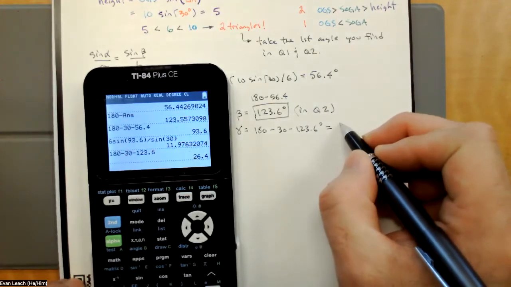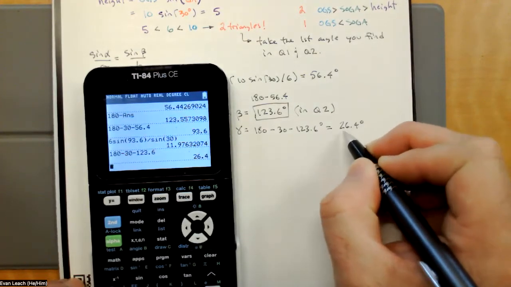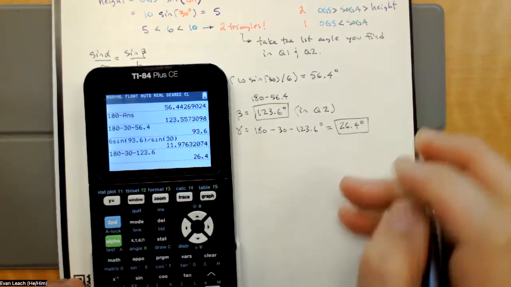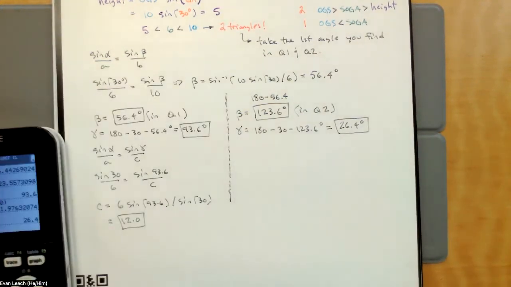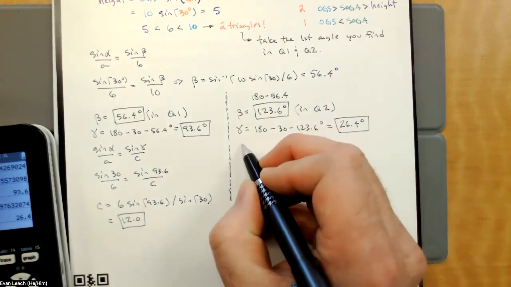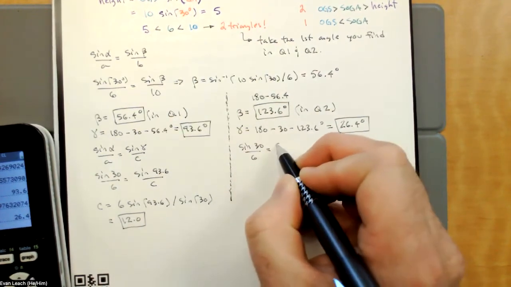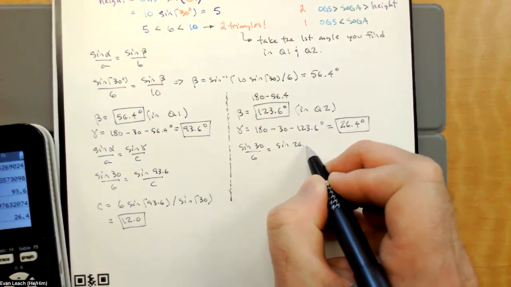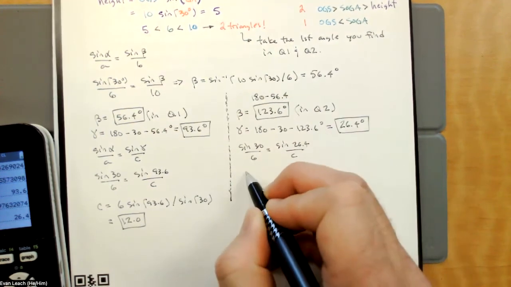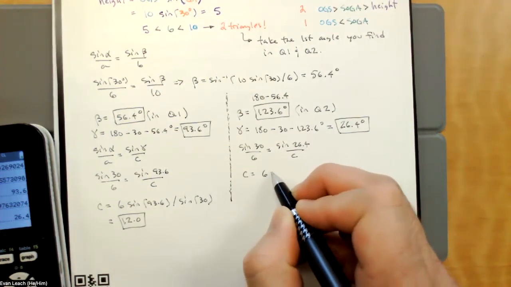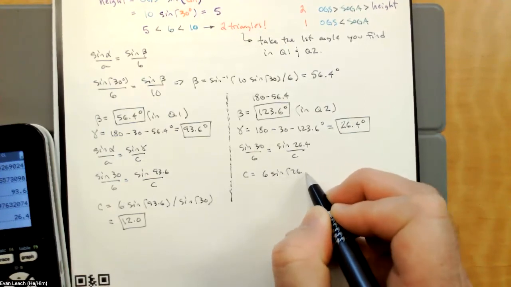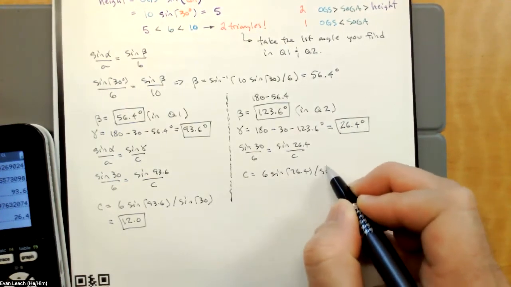So that gives me a 26.4 degree angle for our other gamma. Then I'll do the same thing, but instead of using 93.6 for gamma, I'll use 26.4. So I'll say sine of 30 over 6 is sine of 26.4 over C. C is going to be 6 times the sine of 26.4 divided by the sine of 30.